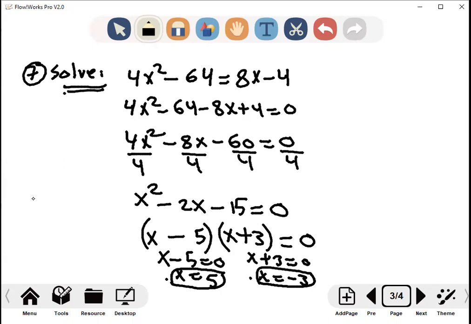Yes, Zaid. Mr., we can't use any way? Yes, you can choose any way, but the question, if you read it, said solve by factoring.